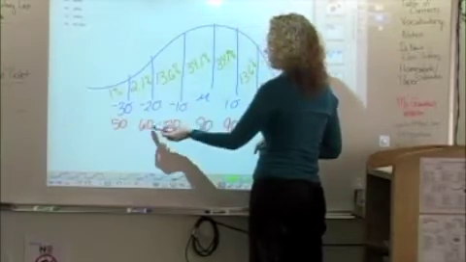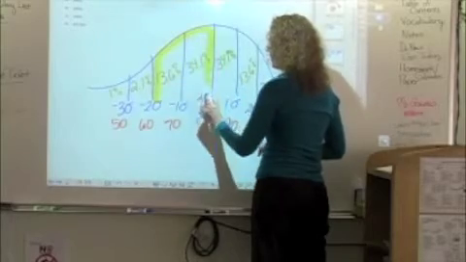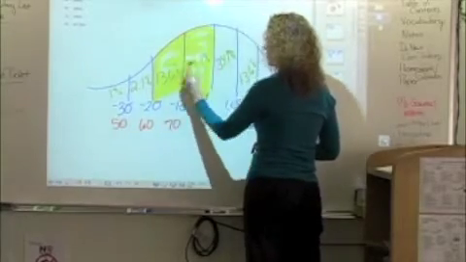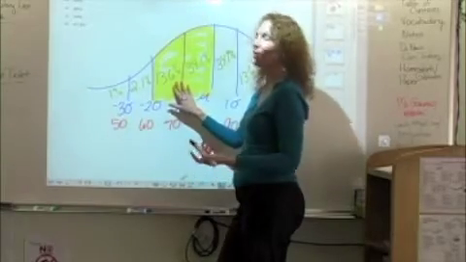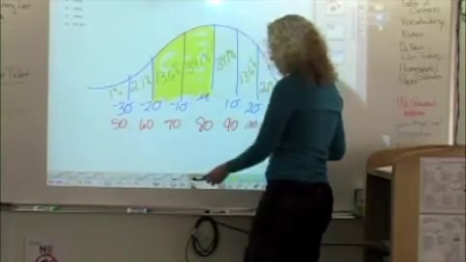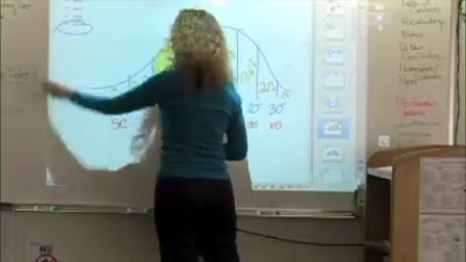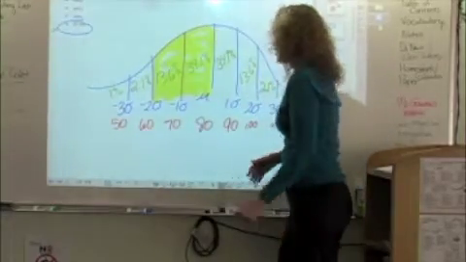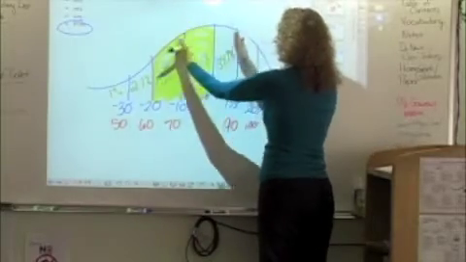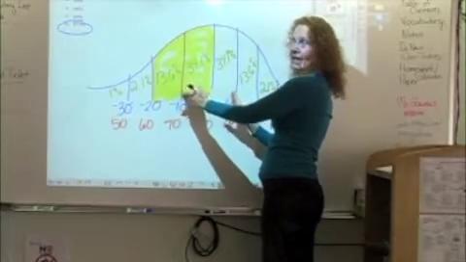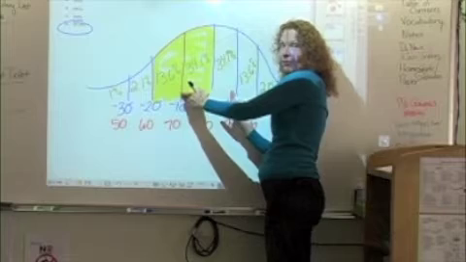So now I want to go between 60 and 80 and look for that percentage of scores. When I add them up, it's about 47.7 roughly. So our final answer would be about 47.5%.